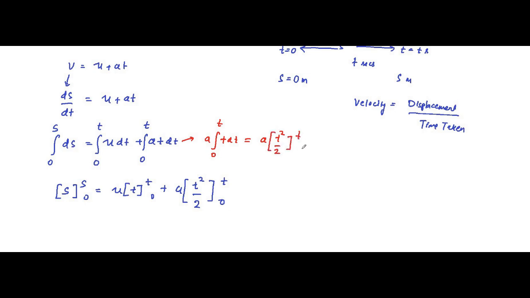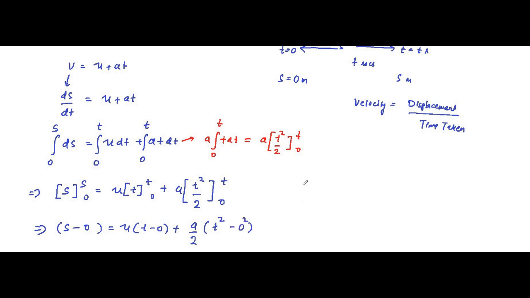This implies s minus 0 is equal to u into t minus 0 plus a by 2 into t square minus 0 square.